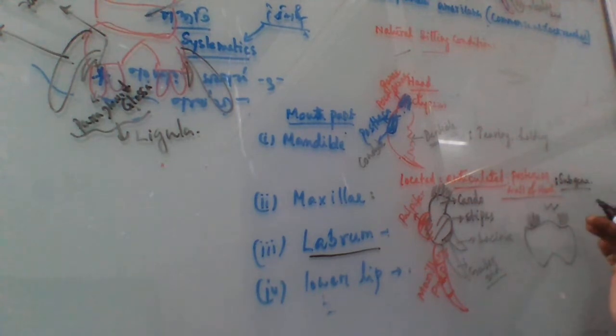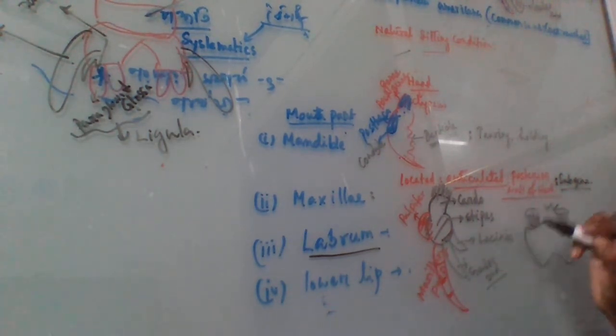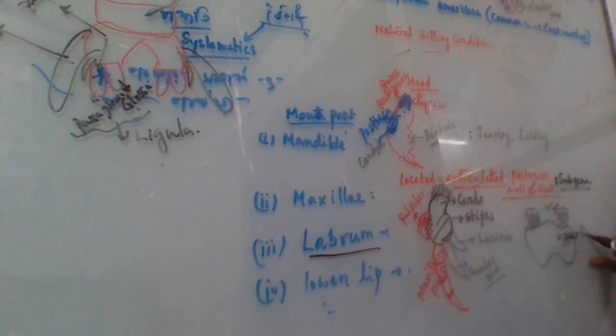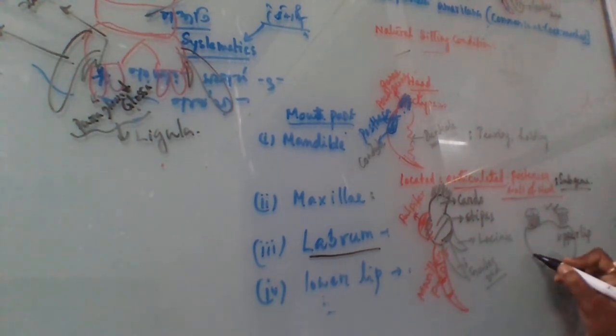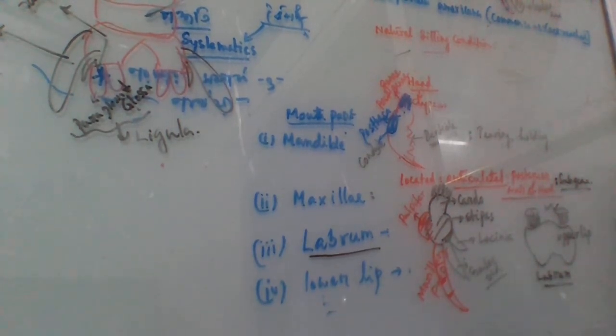It is attached at both sides of the floor of the head. It is the upper lip, that is the clypeus, and this portion is the labrum.